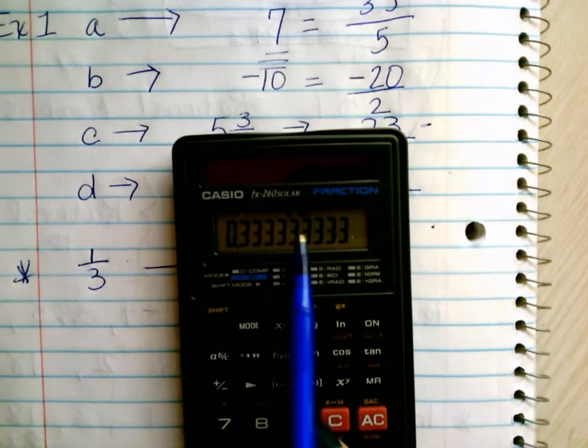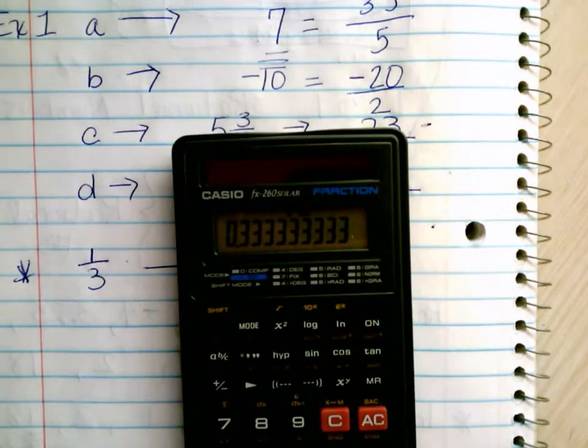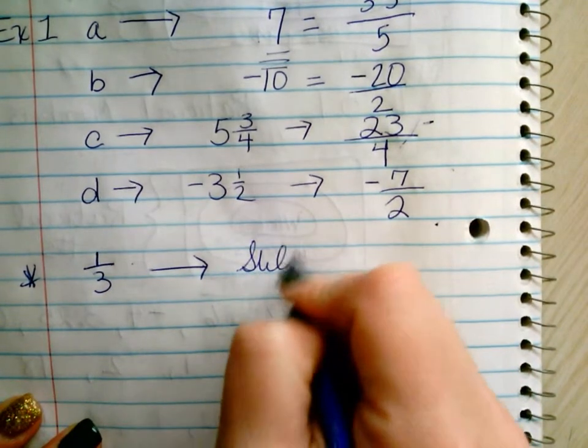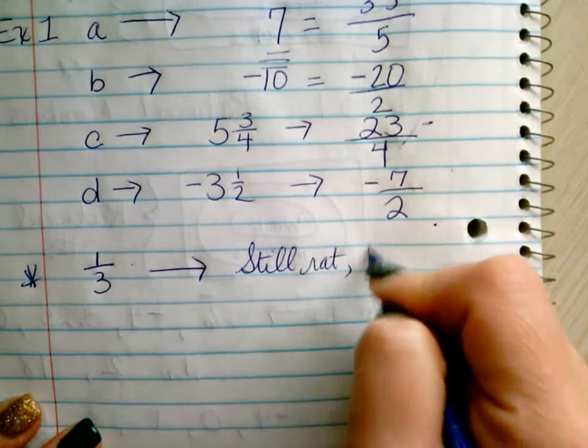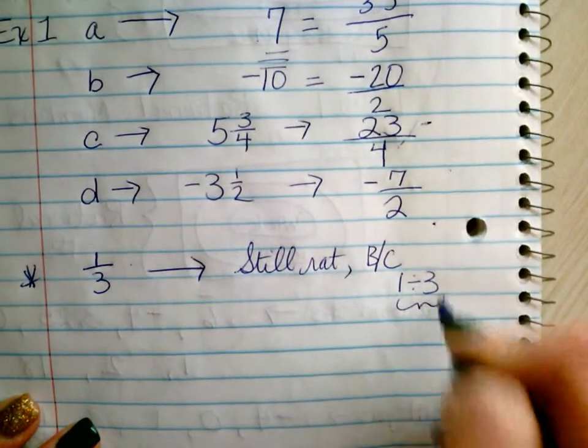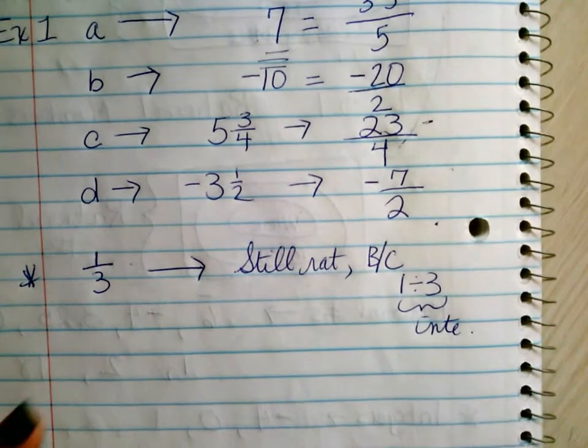Look at that. Repeat, repeat, repeat. That's still considered a rational number. Okay? That is still considered a rational number. All right? So, it's still rational because 1 divided by 3, they're both integers per the definition.